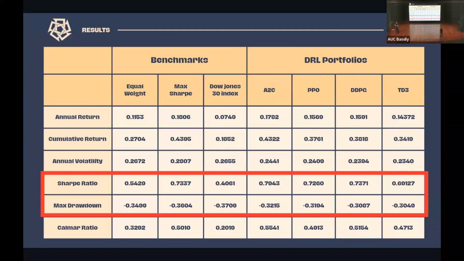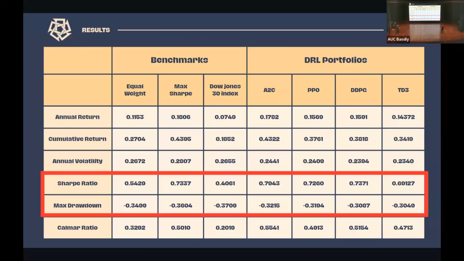But the Sharpe ratio for the ATC model, which is the best performing of all these models, achieved a Sharpe ratio of 0.79, compared to the Max Sharpe portfolio, which has 0.733.